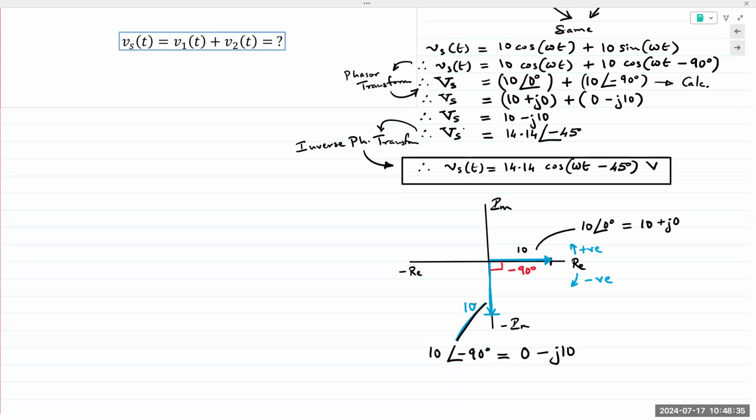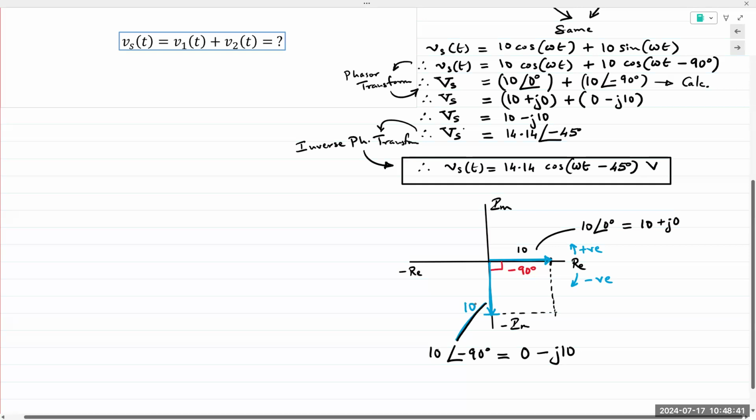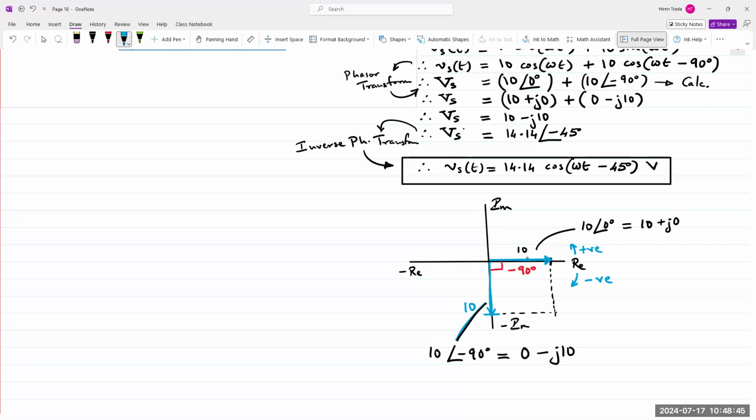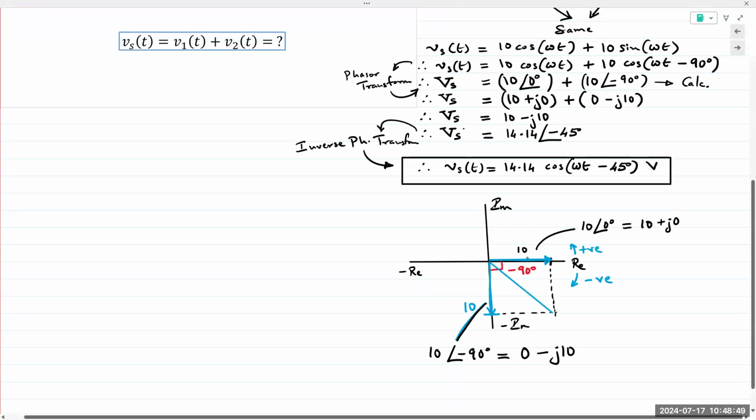And graphical summation, if you sum this up, what do you get? You would get a vector that looks like this. You're adding up these two vectors together. The length is 10 on both sides, so the sum is the hypotenuse of an isosceles right angle triangle.